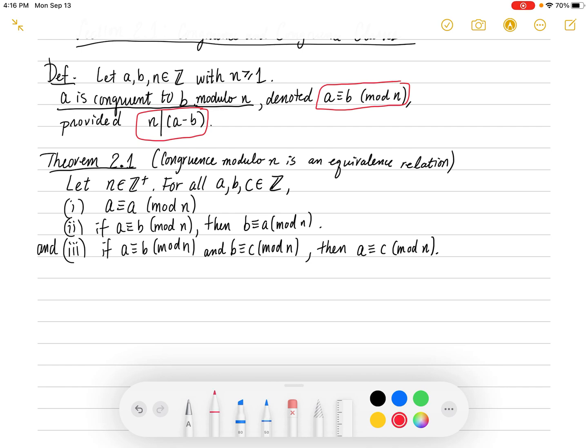So the first one, sometimes you hear called the reflexive property. Every element relates to itself. A relates to A. The second one, sometimes called the symmetric property. If A relates to B, then B relates to A. And it's basically saying the order doesn't matter.